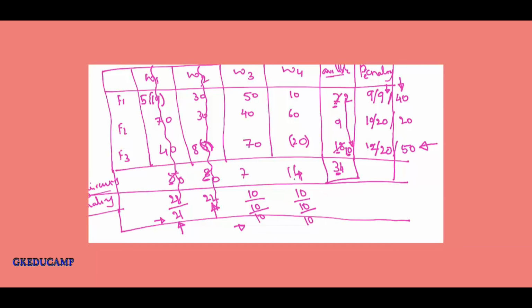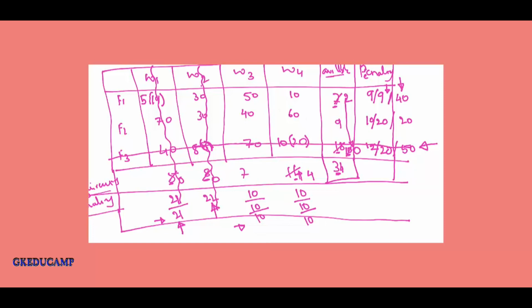Allocate. Here you have 2 availability and 4 requirement. Which one is the minimum? 4 or 2? 2. So allocate 2 to the 10. So you will get 0. Here you will have the remainder of 2. So this F1 row is completed, and remaining are only these 2.